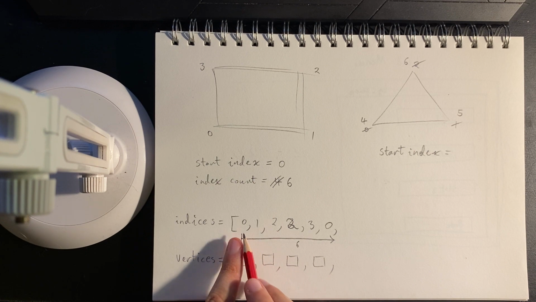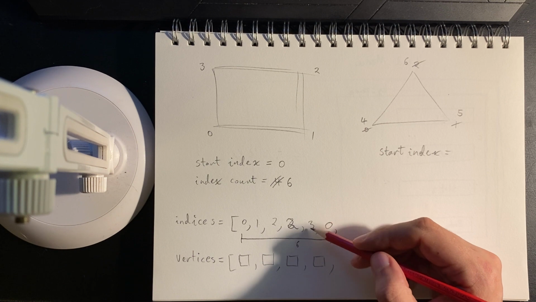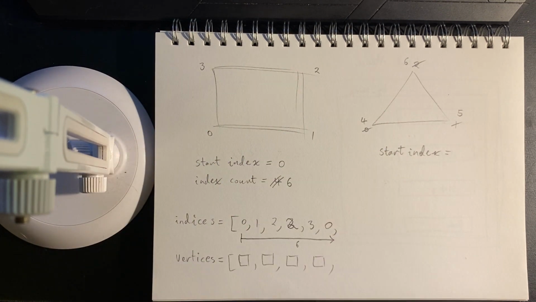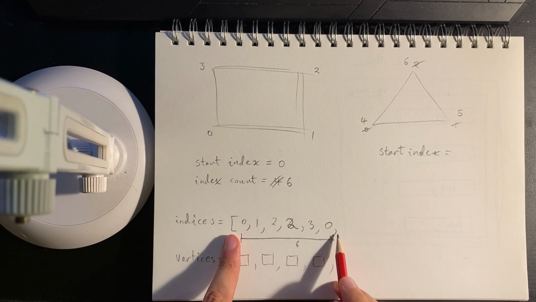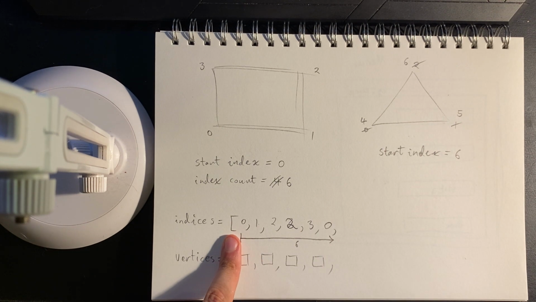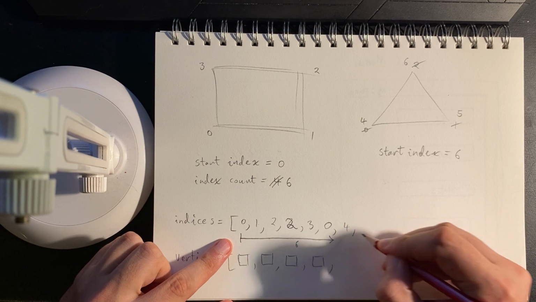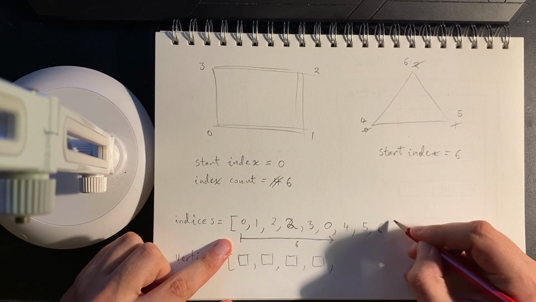Well, if we go 0, 1, 2, 3, 4, we're going to start actually drawing some of the data which was defined in the rectangle before, which is really not good and really confusing and hard to debug. So what we do instead is we take the number of indices which have been defined so far, and that's the start index for the next shape. So again, I'll pop this data on. So we have 4, 5, and 6.